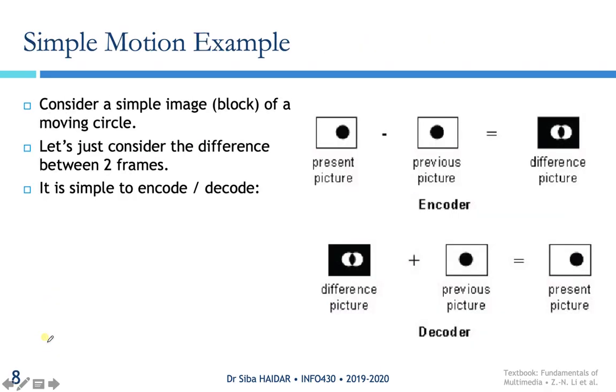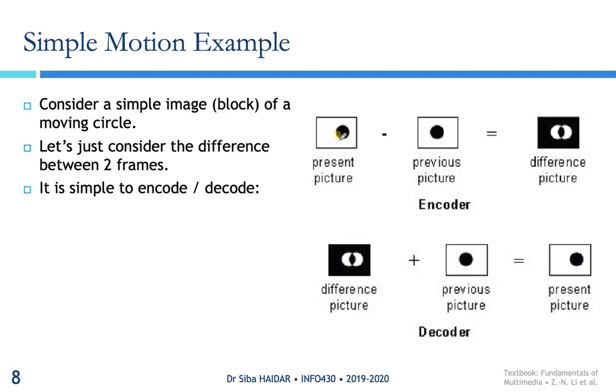So in this slide, I will explain a simple motion example. I will use a very primitive graphic, but it is explicit and simple, for you to understand the concept. Consider a simple image block of a moving circle. We have a very simple frame in which there is a circle instead of the girl.